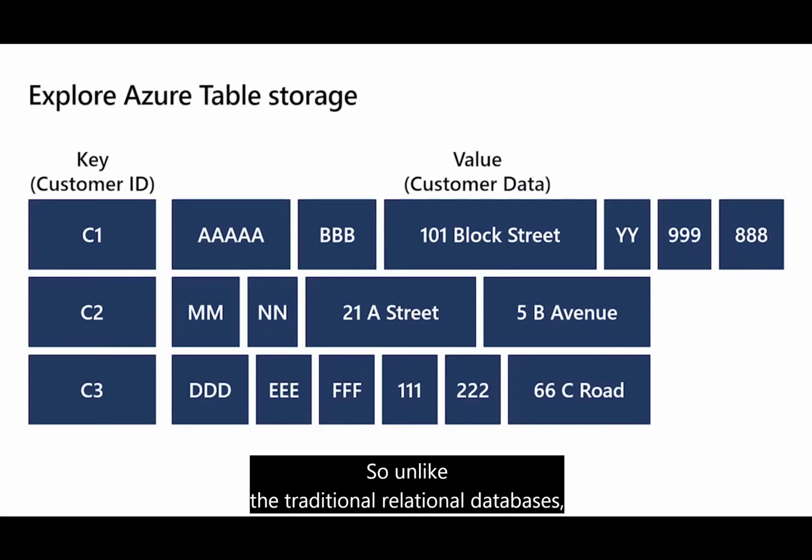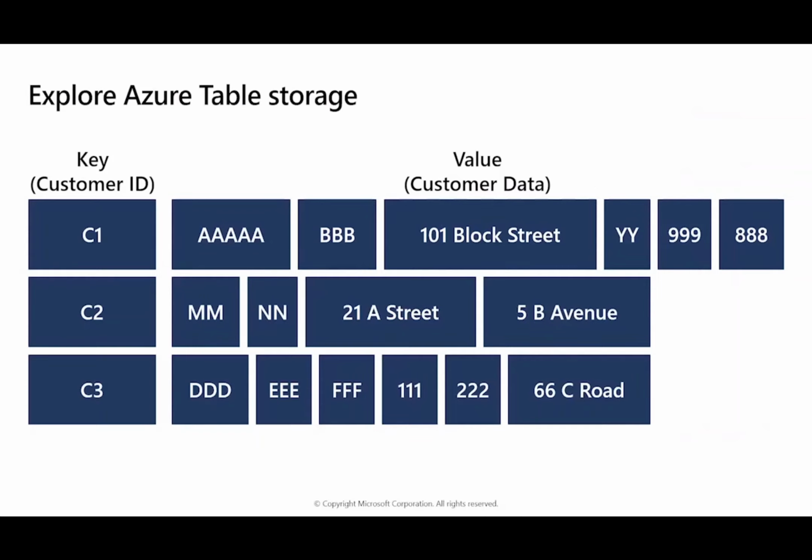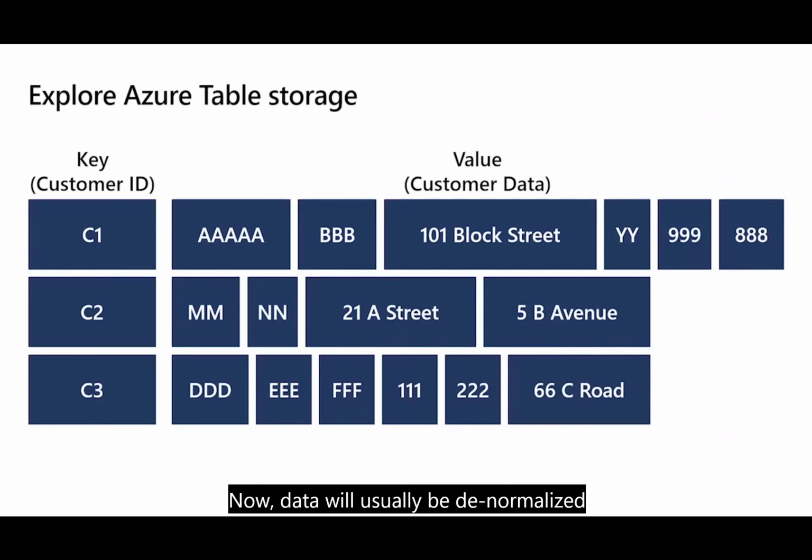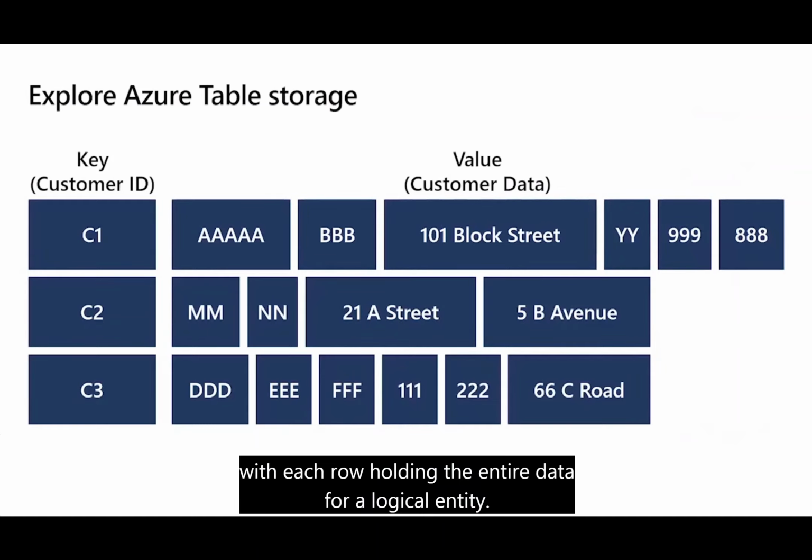So unlike the traditional relational databases, Azure Table Storage tables have no concept of relationships, stored procedures, secondary indexes, or foreign keys. Now, data will usually be denormalized, with each row holding the entire data for a logical entity.